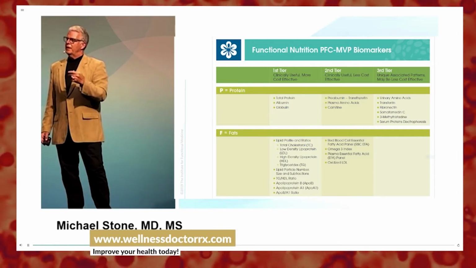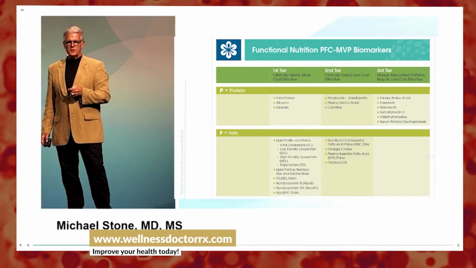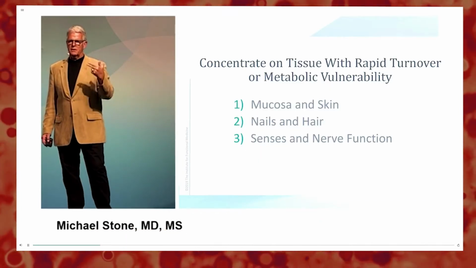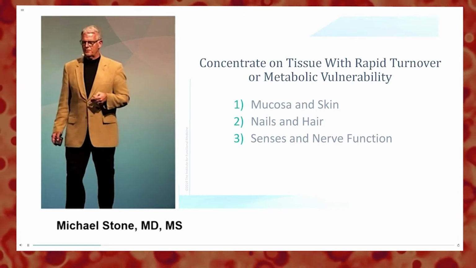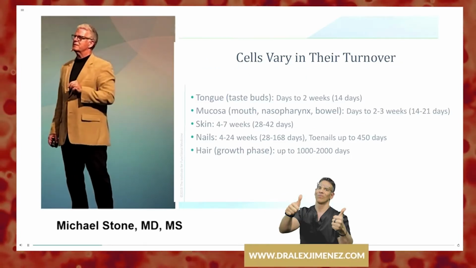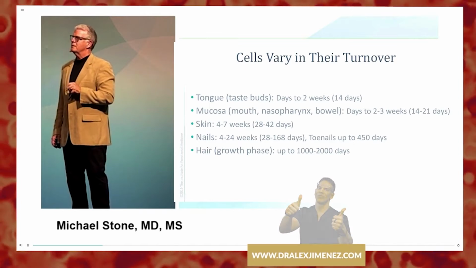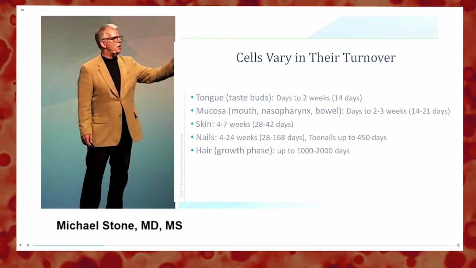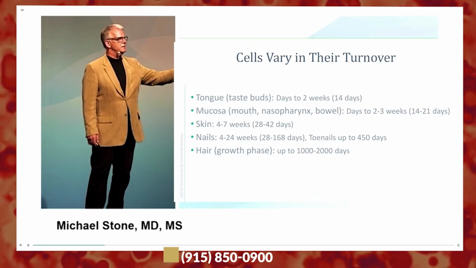The third area, clinical exam, we focus on 3 areas. We focus on changes in the mucosa and skin, nails and hair, senses and nerve function. With recognizing this, depending on which tissue you are looking at, it turns over at different rates.